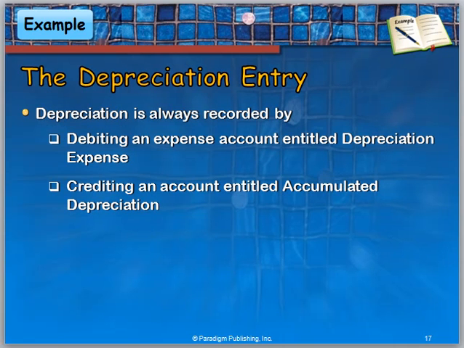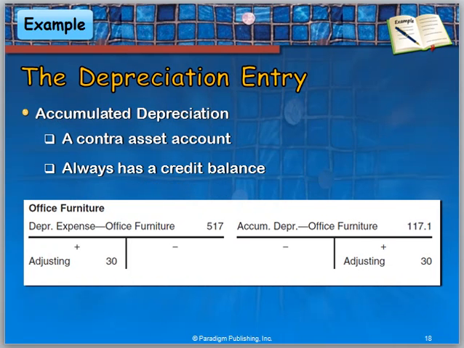So a depreciation entry is always recorded by debiting an expense account entitled depreciation expense and crediting an account called accumulated depreciation. So accumulated depreciation is what we call a contra asset account.